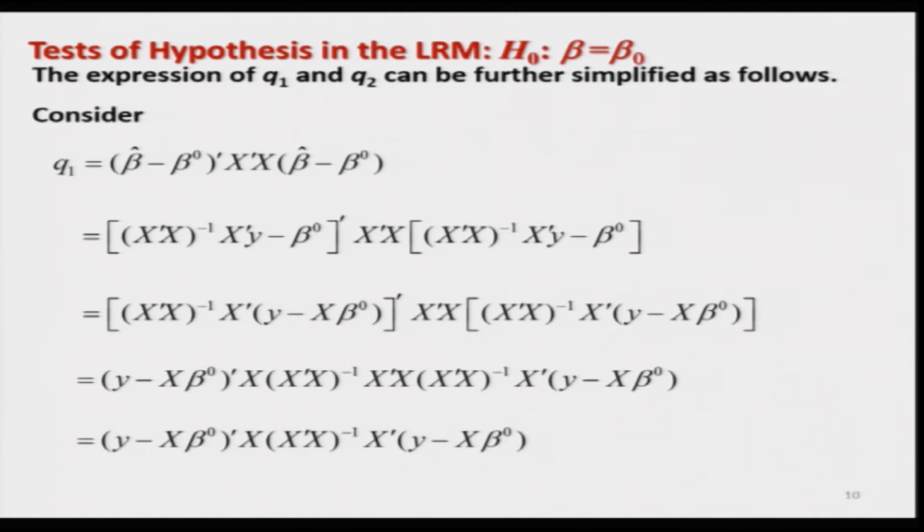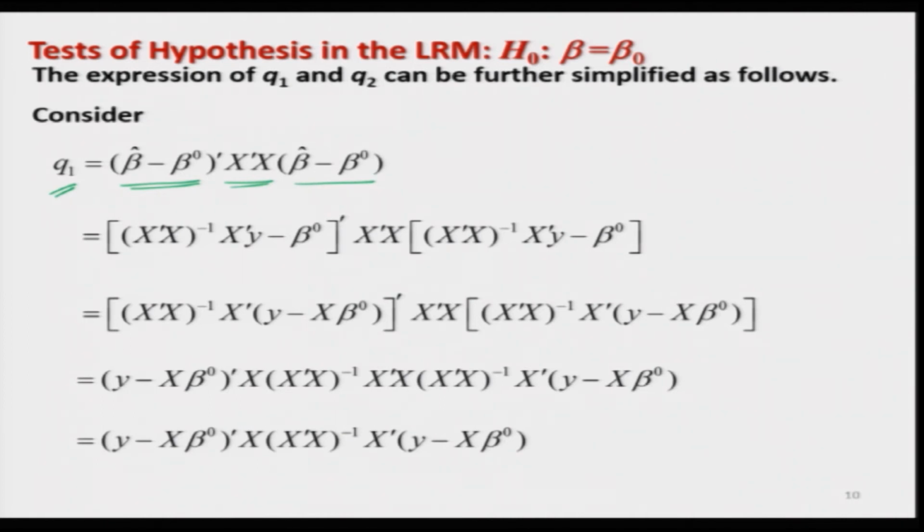So, at this moment I would request you to simply ignore whatever we have done up to now and concentrate on the simplification of q1 just as a mathematical problem, right. Suppose I am considering q1, which is beta hat minus beta naught transpose x into beta hat minus beta naught.